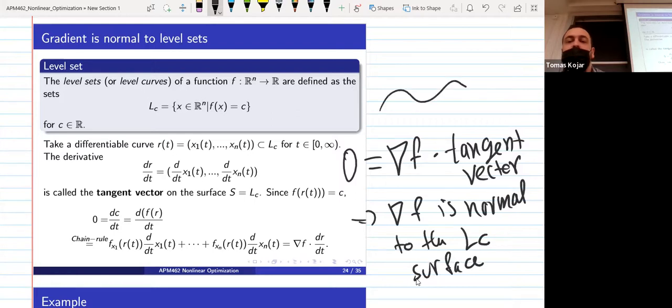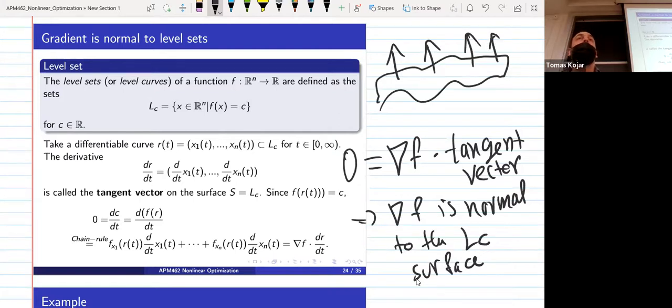So you give me some level set, and the gradient will always point up. So it will be orthogonal.